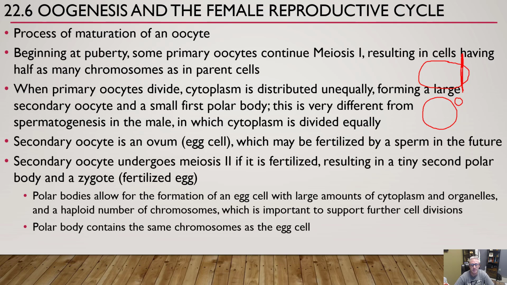In eggs or in oocytes, this is different. The cells are going to look very different. But you're still going to have the same genetic information in this cell as you do in this cell. It's just the amount of cytoplasm that is different.